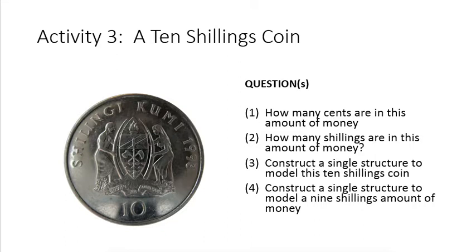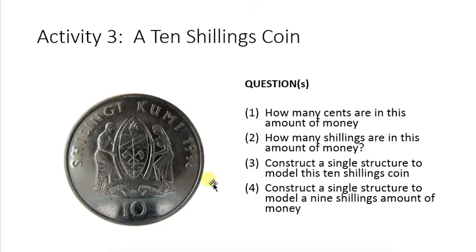You should construct only one structure. Think about what other information you can add in that model so that a single structure will model this 10 shillings coin.